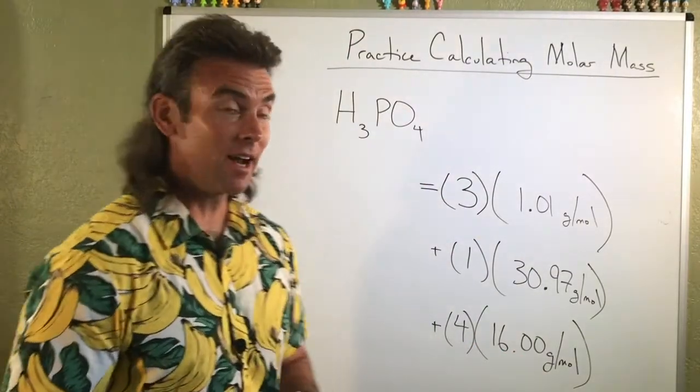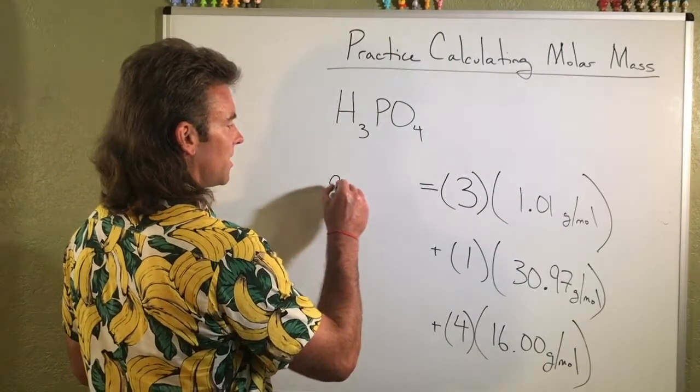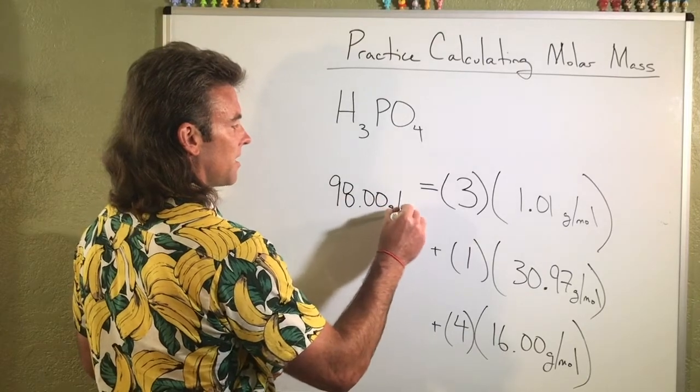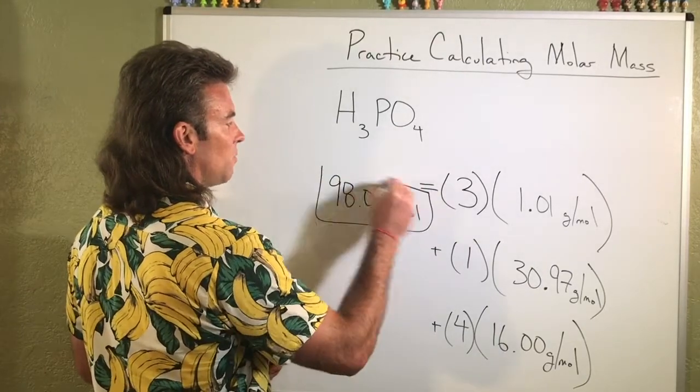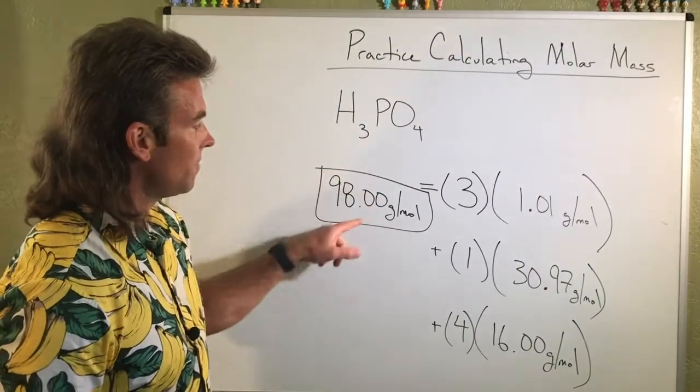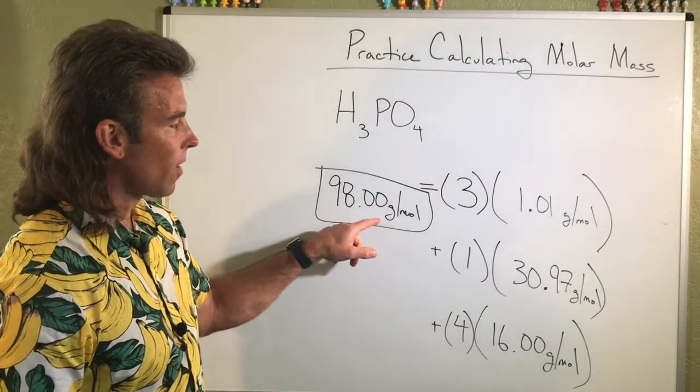I add all that up, and I ended up with, hopefully I didn't screw anything up, the fact that exactly 1 mole of that H3PO4 is equal to 98 grams.